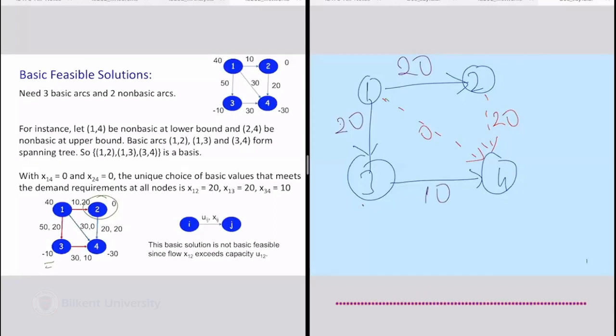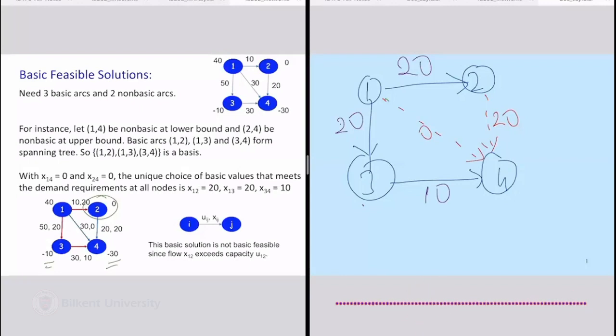The last node is just for check because we have one more equation than we need. That's why our rank is n-1. And so node 4 demands 30 units: 20, 10, 30. I'm safe.